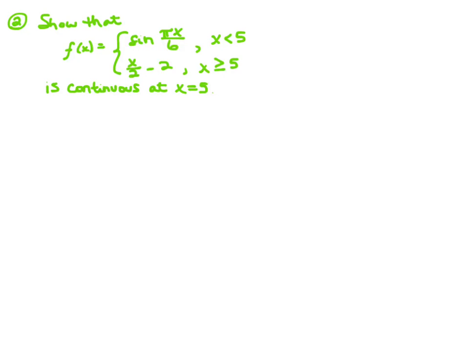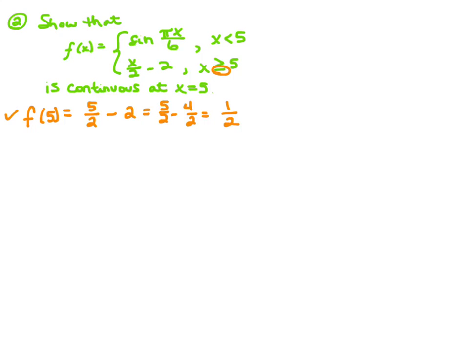So let's start first with the value of the function at 5. If I look at my function, the equal to sign is included in the second piece. So to get my function value, I'm going to plug in 5 to that part of the function. And I have 5 halves minus 2, which would be 5 halves minus 4 halves, or 1 half.